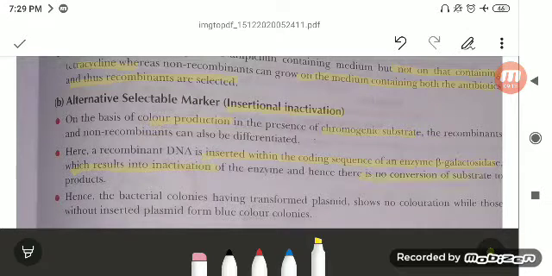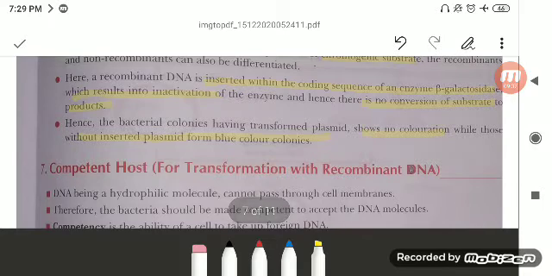Hence, there is no conversion of substrate to the product. Bacterial colonies having the recombinant plasmid show no coloration, while those without the inserted DNA form the blue color. So in this way, the selectable marker can select the transformed recombinant from the non-recombinant. So they are very important. Go through them once again.